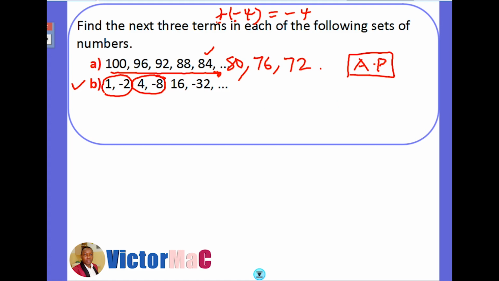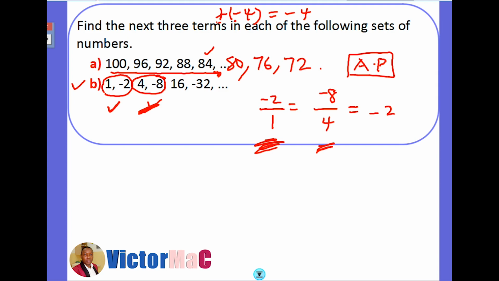Let's divide these two sets of two consecutive terms, this first two consecutive terms and this next two. When we divide the second term by the first, and then the fourth term by the third, we find out that this pair and this second pair, when divided, are going to give us minus 2 over 1, or you call it minus 2 simply.